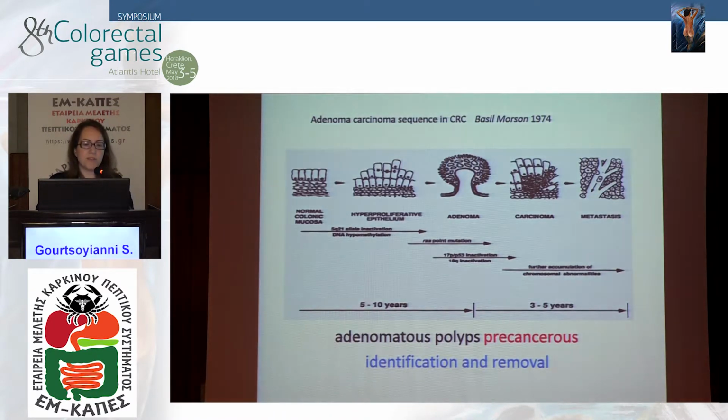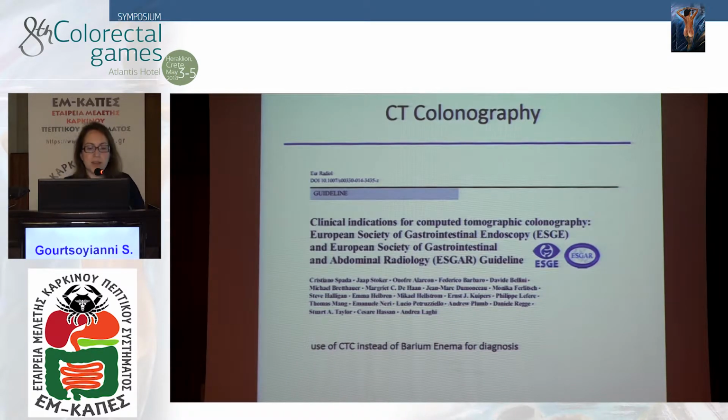So the adenoma-carcinoma sequence in colorectal cancer is a concept that is well known for quite a while now, and it is agreed that adenomatous polyps are precancerous lesions, and these should be identified and removed. And we can identify the rectal polyp as well as all the other colonic polyps present by performing a CT colonography.